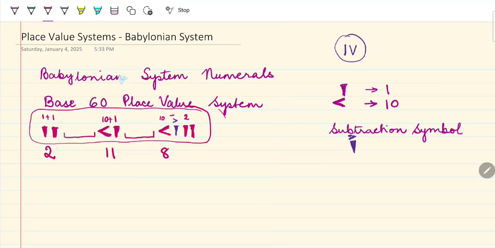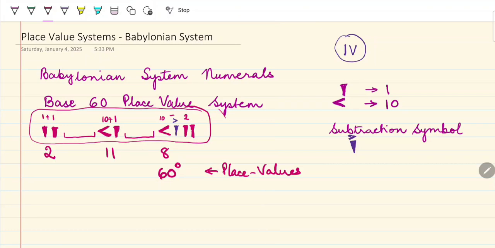All right. Now, to determine the value of this entire set of numerals, they would use the place value system, which would use base 60, but it worked very similar to the decimal system or the Hindu-Arabic system. So the set of digits positioned in the extreme right-hand side would have a place value, or positional value, of 60 raised to the power 0.